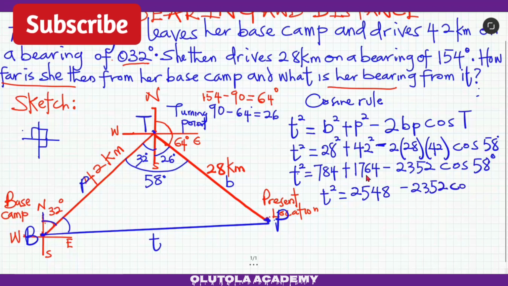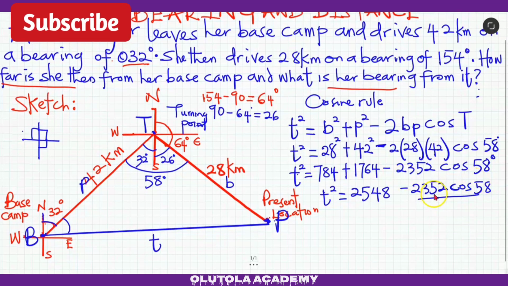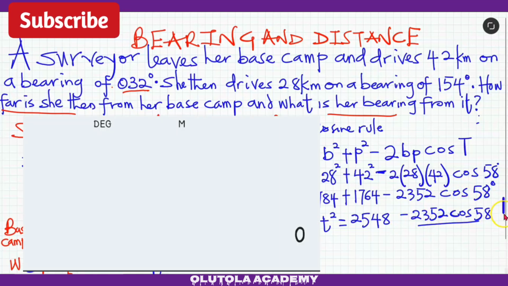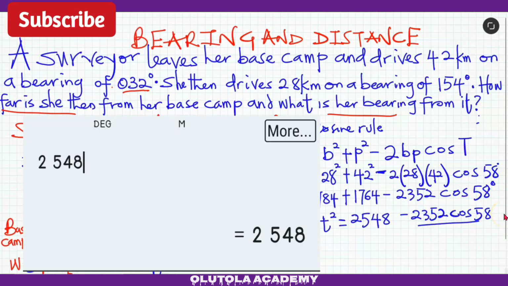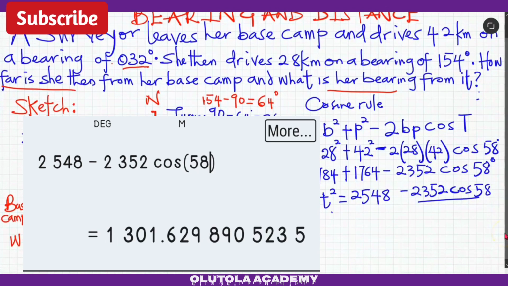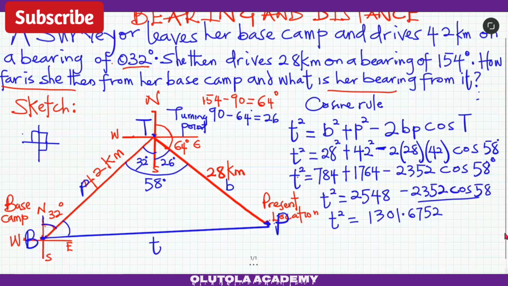2352 cos 58. So I'm going to use the calculator to do this straight away. This is multiplying: 2352 is multiplying cos 58 before I subtract it from 2548. So I'm going to use my calculator, and when I do that, I should have t square equals 1301.675.